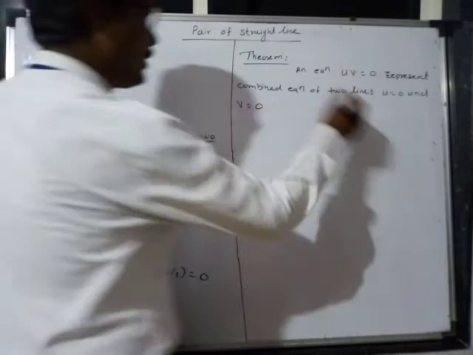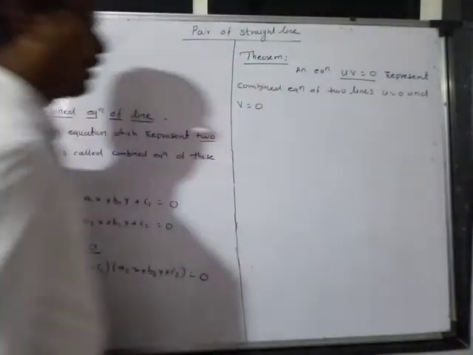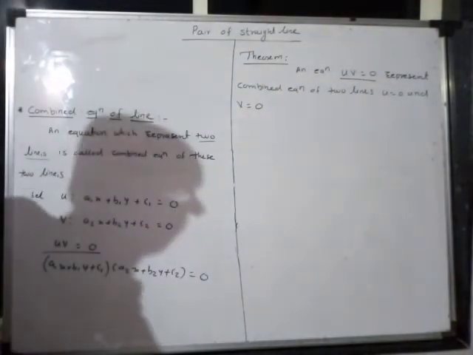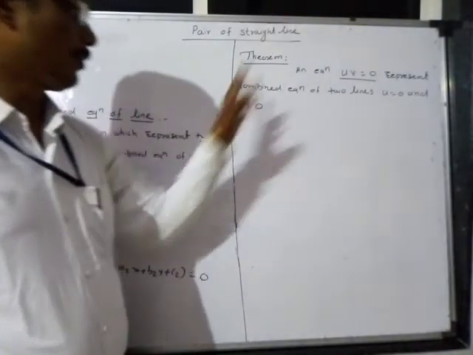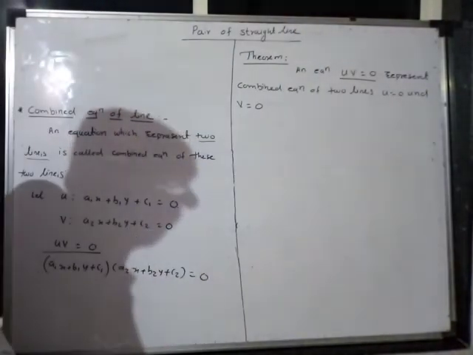Now we have to prove that this equation represents a combined equation of the two lines u is equal to 0 and v is equal to 0.